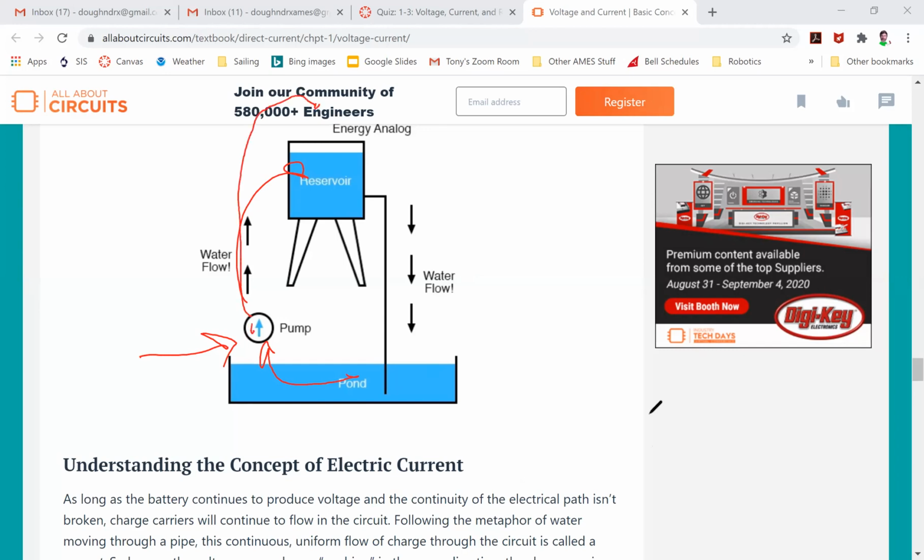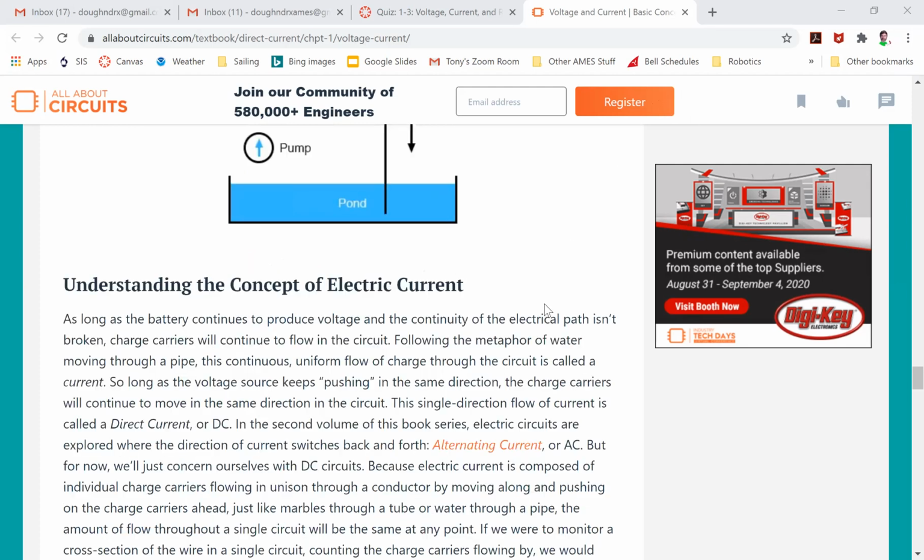If it's a low pressure pump, it can only go here. So the height that we're able to pump the water is determined by how much pressure the pump can put out, just like a battery. All right, so I think we got voltage nailed down pretty well.